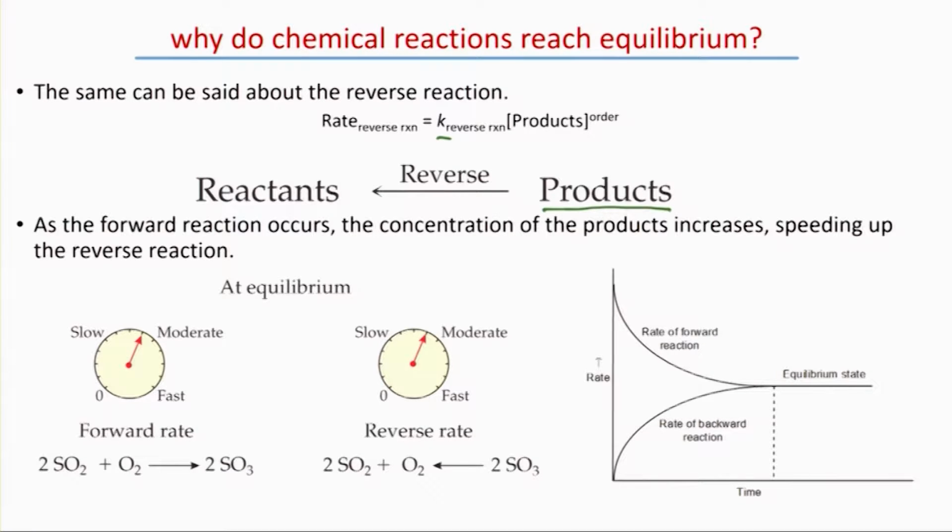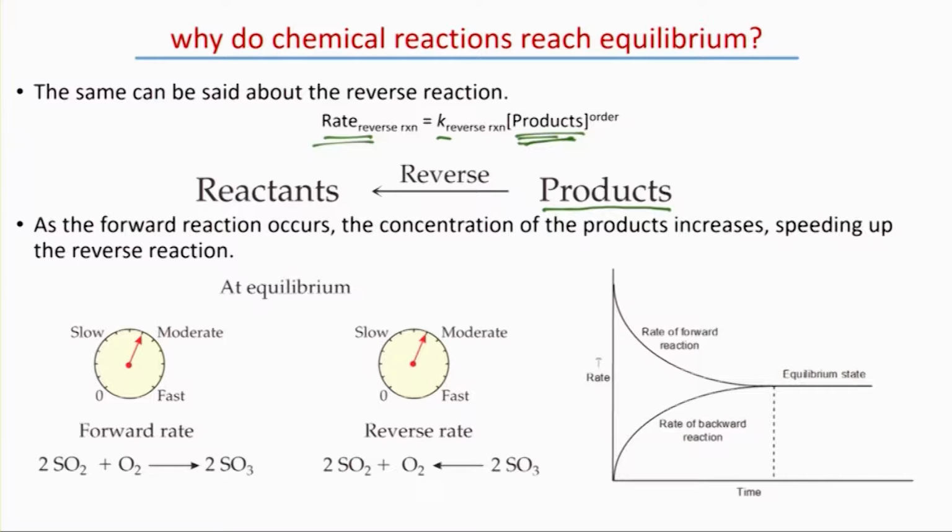Initially, you will not have any products, if the reaction is starting with only reactants, and then over time reactants start turning into products. So initially you'll have a very slow reverse rate because you don't have any products, and your rate of the reverse is related to the concentration of products. If you have 0 products, you're not going to have a very fast rate. So the rate of the reverse reaction will start increasing as more products are made. More products are made as the forward reaction starts going.